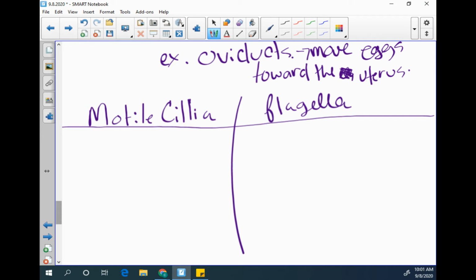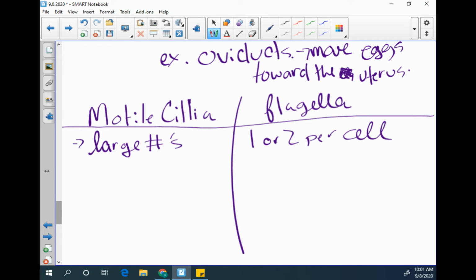So when we use cilia to move, we usually have really large numbers. When we use flagella to move, we usually only have 1 or 2 per cell.